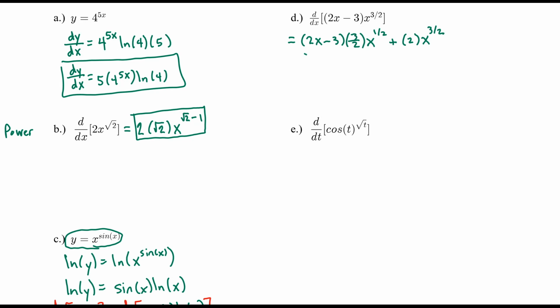But in fact, I'll show you a trick here. I'm going to factor out also a 1/2. This will clean up the fractions inside my parenthetical element here. So I'm going to take out the lowest power of x, x to the 1/2. So taking out 1/2 x to the 1/2 from our first term is going to leave behind a 3 times 2x minus 3.